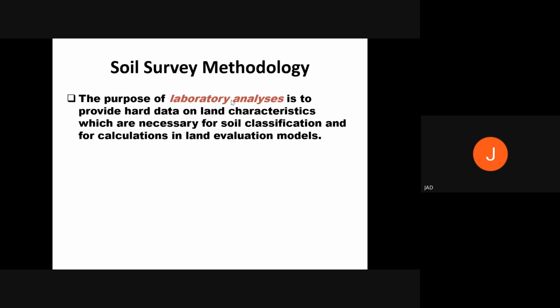Then another important thing, which is a component of soil surveys, as I said earlier, is laboratory analysis. So you do ground truthing, and the ground truthing involves some level of laboratory analysis. As you go along, you pick soil samples, you have to also dig holes and look at the soil profile.